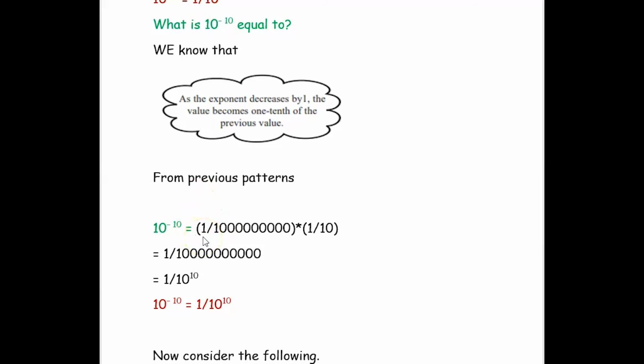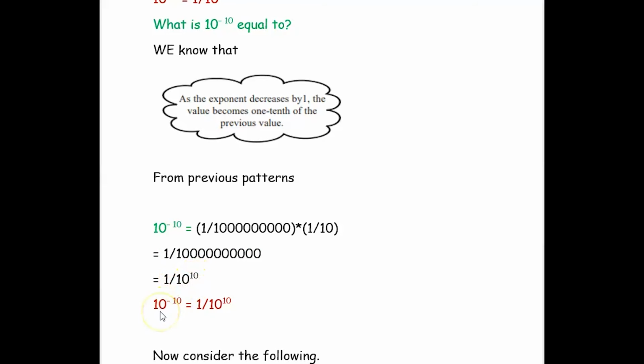The previous value is 10 raised to the power negative 9, that is nothing but 1 divided by 1 followed by 9 zeros. So now it is reduced by 1/10, so we are multiplying by 1/10. So our answer will be 1 divided by 1 followed by 10 zeros. That is nothing but 1 divided by 10 raised to the power 10.